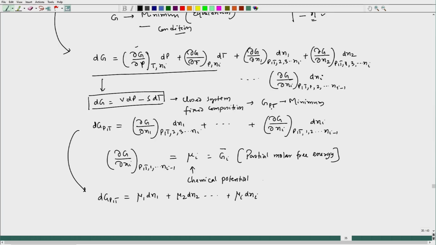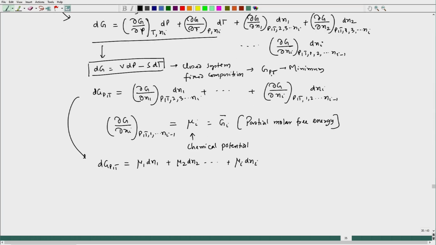Now, let us understand this chemical potential term. This is defined as chemical potential. Let me consider only mu i.